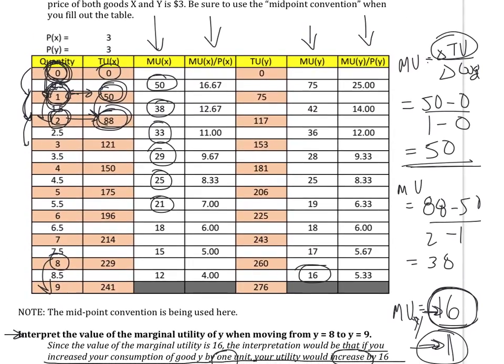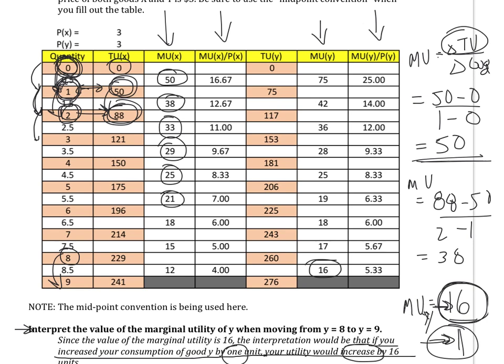So let's look at the ratio of marginal utility to price. In terms of calculations, this is very easy, because for the ratio of marginal utility to price for good X, going from 0 to 1, you take that 50, the marginal utility you already calculated, and divide it by the price of the good.